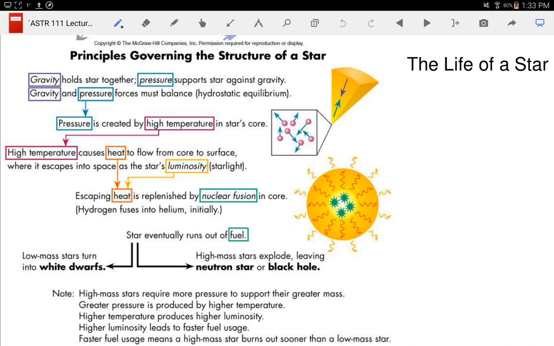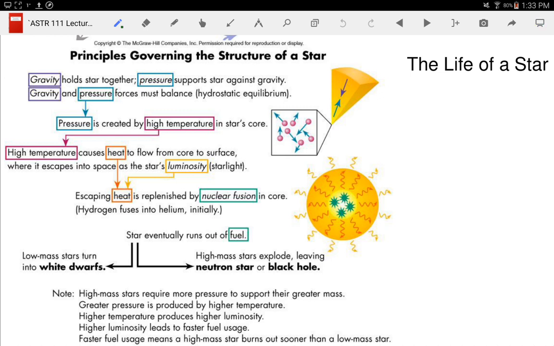So it starts with the ultimate force in astronomy, gravity. Gravity is what's holding the star together. And gravity is crushing the star, making it have a high pressure in the center. And that center, as you crush it and increase the pressure, you're also increasing the temperature. And when the temperature in that core reaches a high enough temperature, then you have fusion begin.